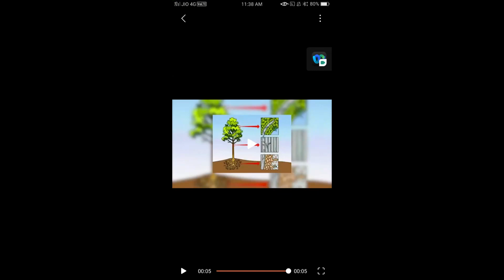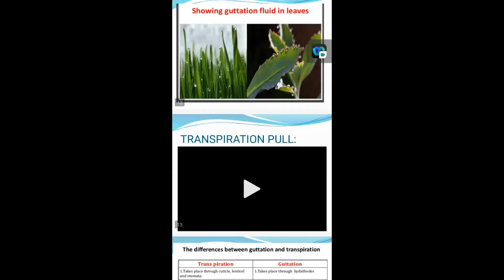The transpiration pull works on certain principles. Before going to the principles, the transpiration pull is also called the cohesion tension theory, and it was proposed by Dixon and Jolly.